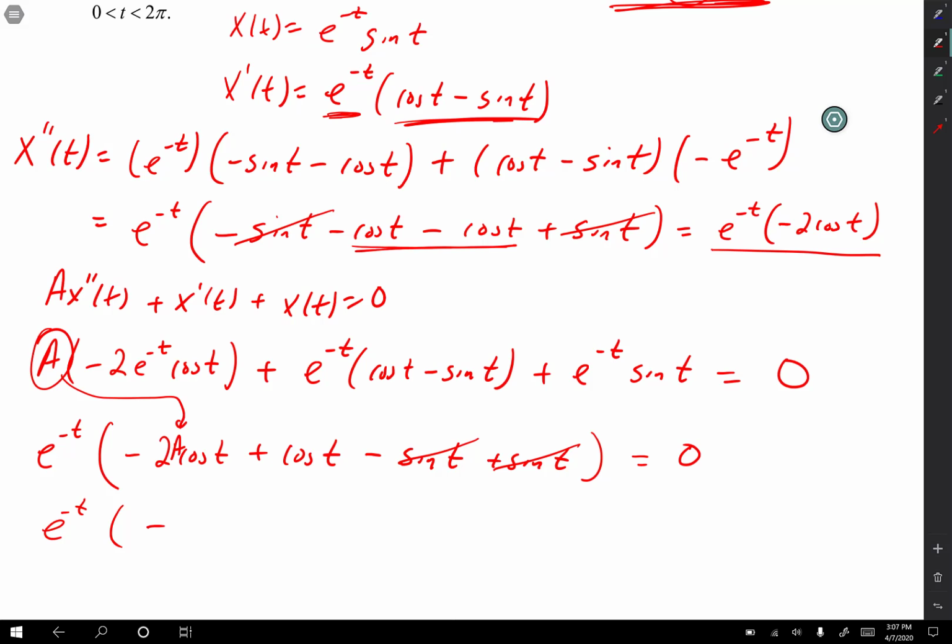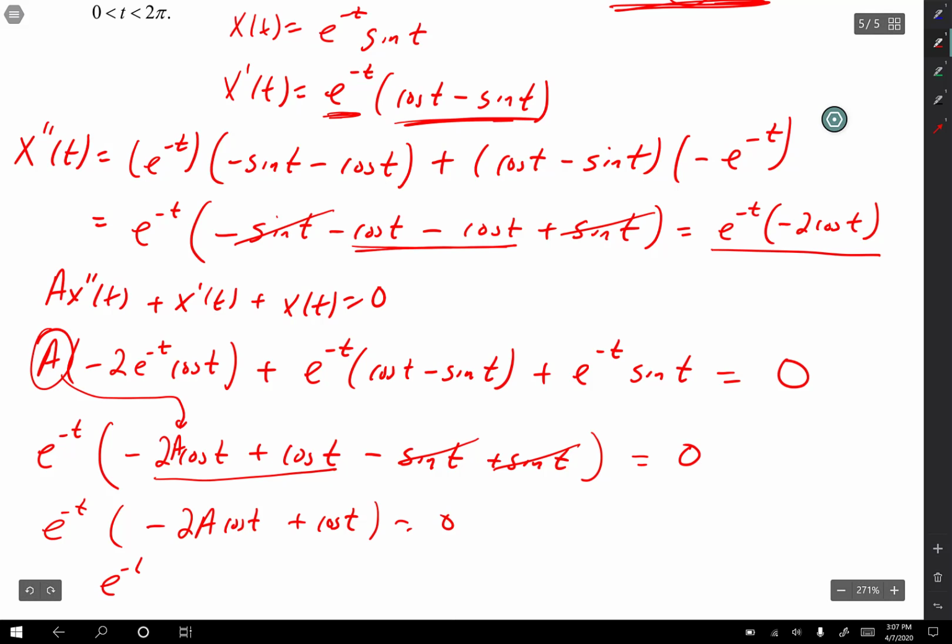Okay, so I have negative 2a cosine t plus cosine t. I almost made the mistake of adding these up without putting that a in there. Equals 0. I'm going to factor out the cosine t. e to the negative t cosine t, parenthesis, negative 2a plus 1 equals 0.